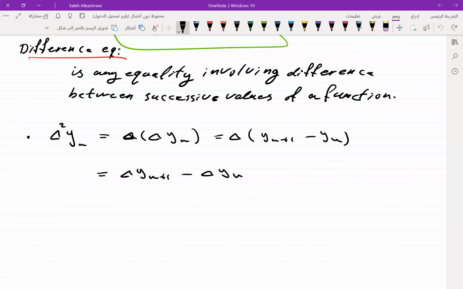So we apply the definition for each one of these. Delta of y sub n plus 1 will give me y n plus 2 minus y n plus 1. This is the first one. Minus delta of y sub n, which equals y sub n plus 1 minus y sub n.